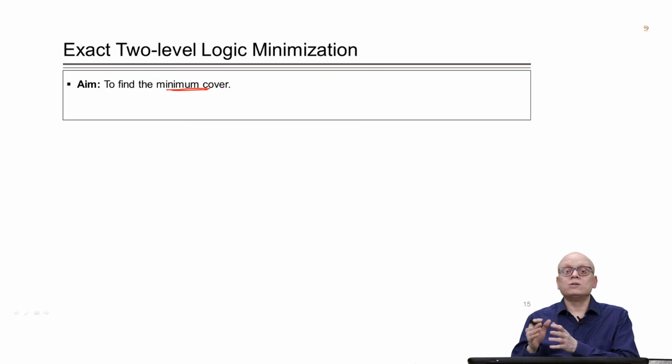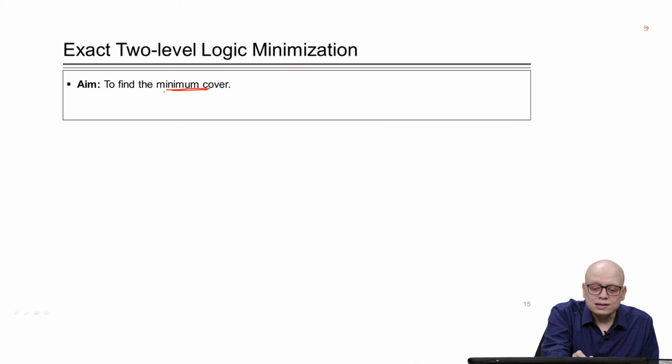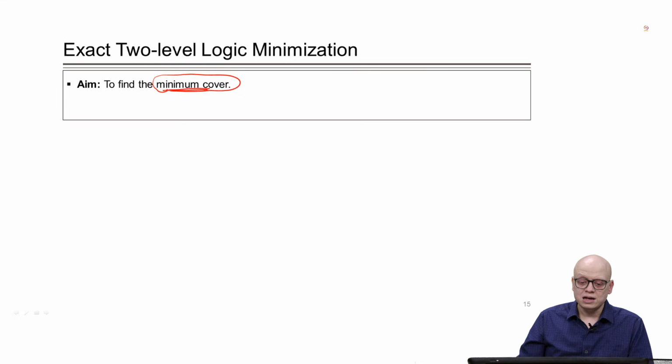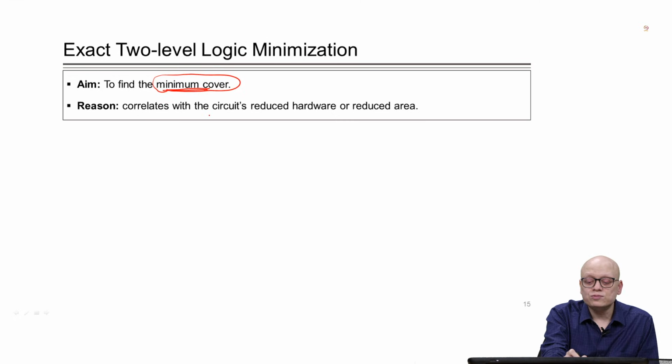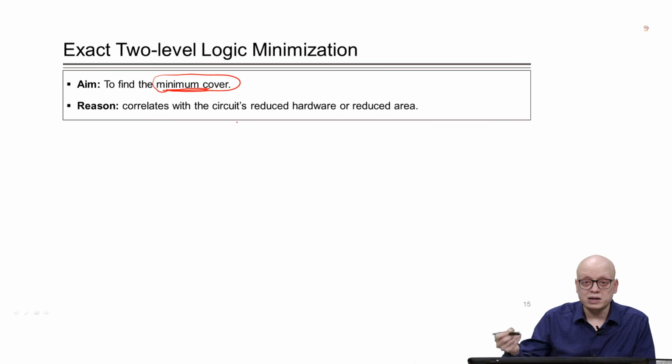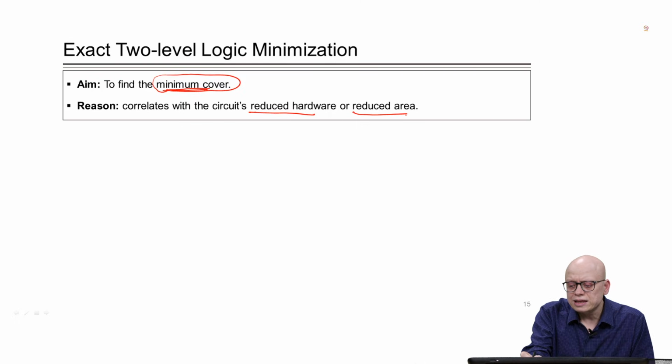The cover which has the minimum size is known as the minimum cover, and the goal is to find that cover. Why do we want a cover of minimum size? Because it correlates well with the circuit area. If we minimize the size of a cover, we will typically be able to reduce the hardware cost or the area of the circuit.